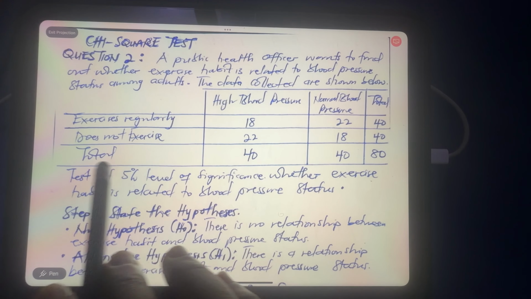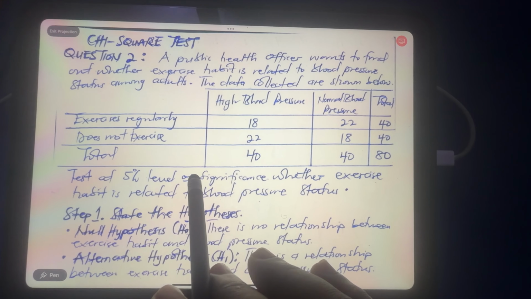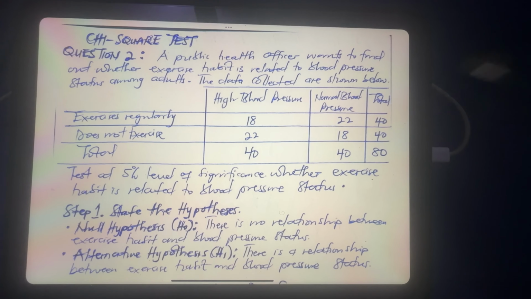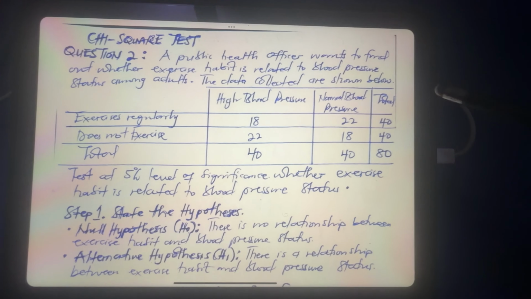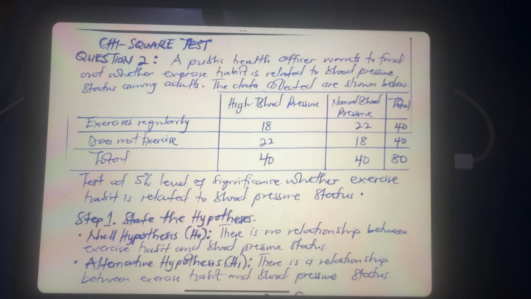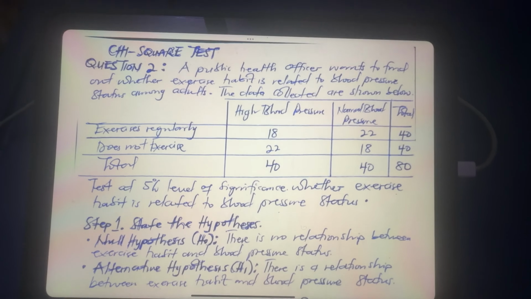Now, there are times they won't write test at 5% significant level. They can tell you test at 95% confidence level. That is the same. When we say 95% confidence level, it is the same as 5% significance level.